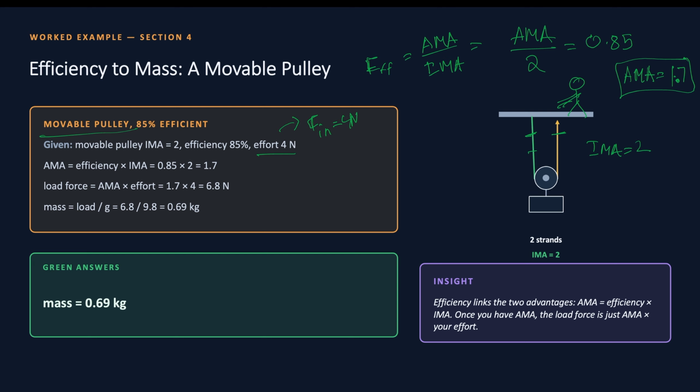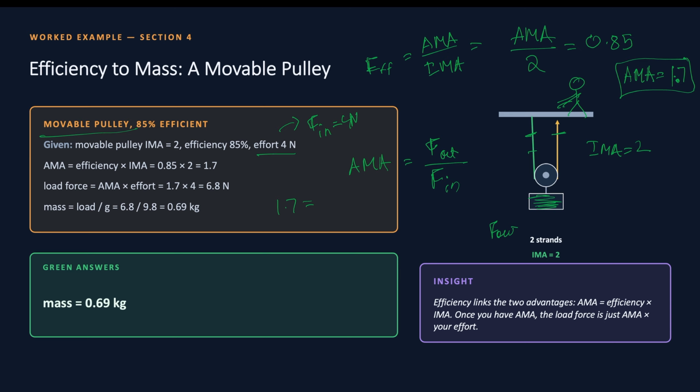So we have that. Now we need to know the load force, okay? So force out, basically. How much is this load? How much am I pulling upward? So my actual mechanical advantage is my force out over my force in. So it should be 1.7 is equal to force out over force in.